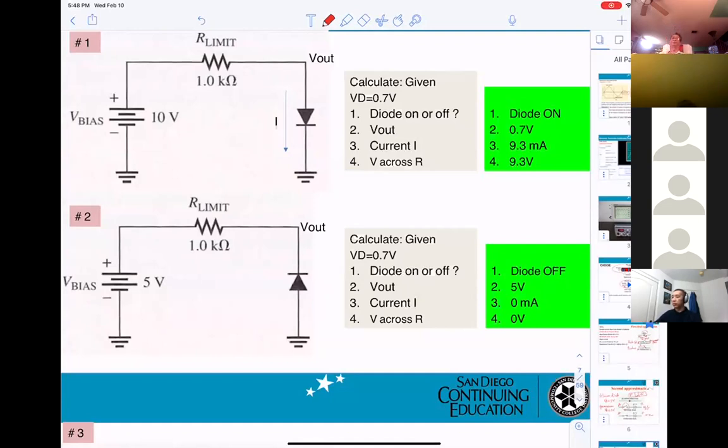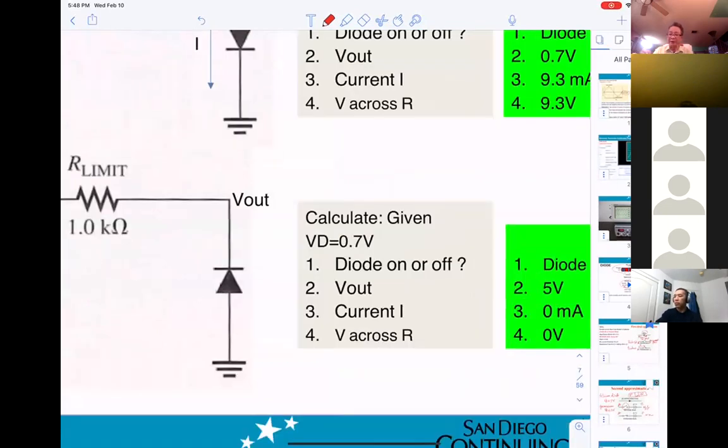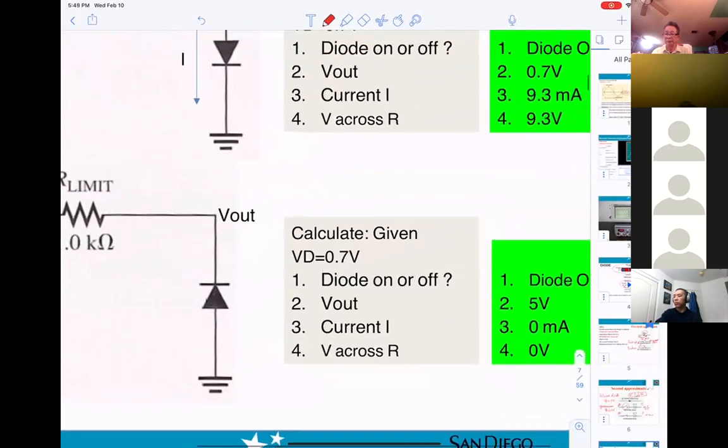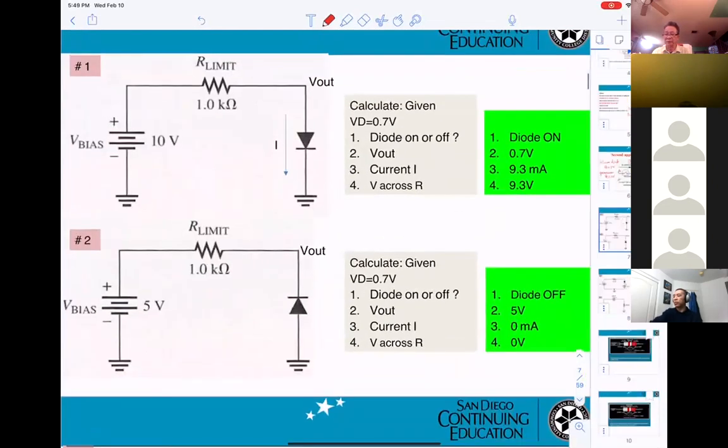Diode on. On the region A, this side you get almost 10 volt. This side you get 0.